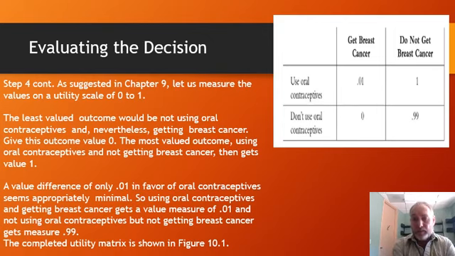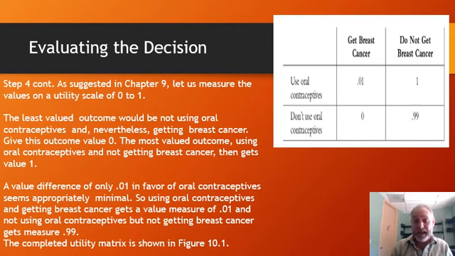How would we assign the value of using contraceptives? In general, our approach here is going to be to assume a very low value. That's deliberate. Now, in real life, people may assign a much higher value to contraceptives. But there's a reason for doing that here.